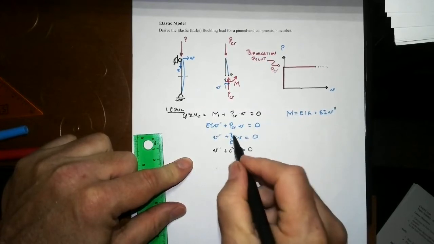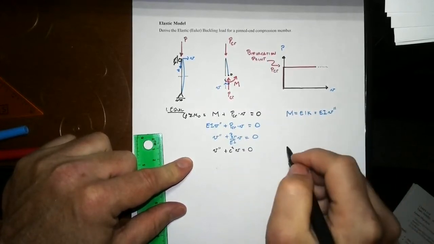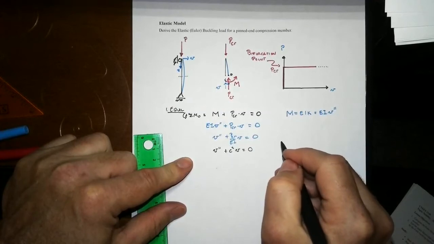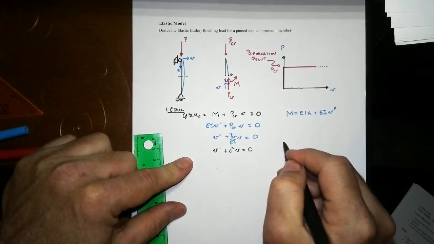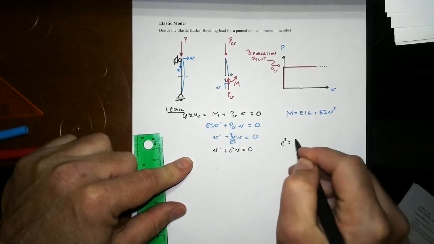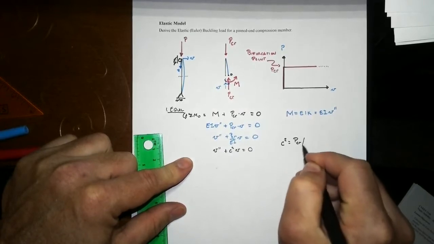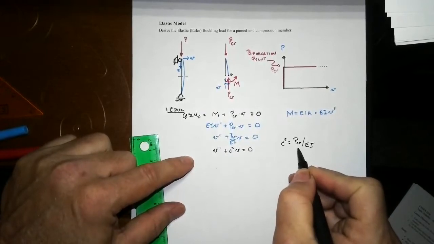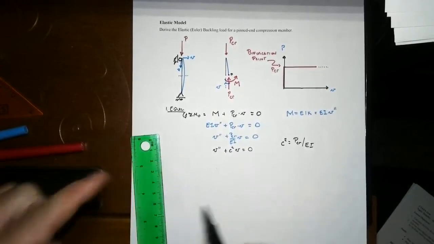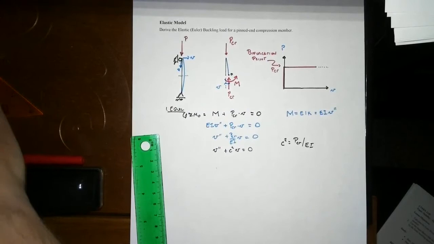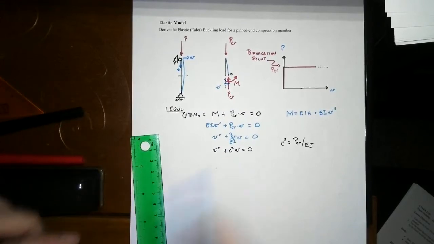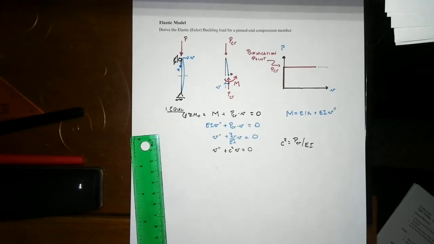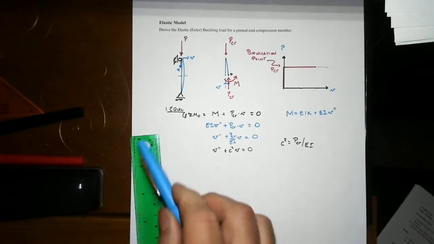You're like, I don't see any squaring going on. Why did you do that? You'll see why in the solution of this equation shortly. But c squared is equal to P critical over EI. Remember, what we're after is to figure out what that critical load is. And we already are starting to see some of the key things that are going to come along. If we can only find out what the constant is in this equation in relation to the solution, then we'll be in really great shape.